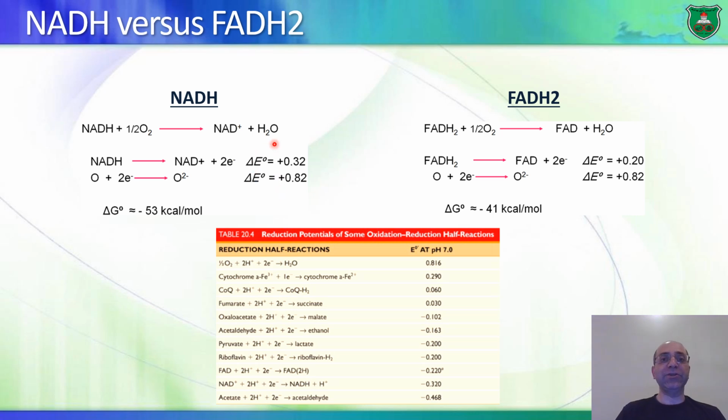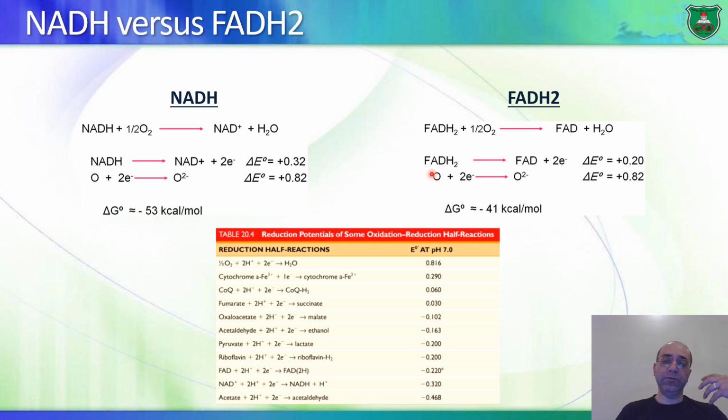Now, again, just like delta G, these are additive. So when you add them to each other, that results in a delta G that equals about minus 53 kilocalories per mole, and that is a lot of energy. Now, FADH2, same thing.